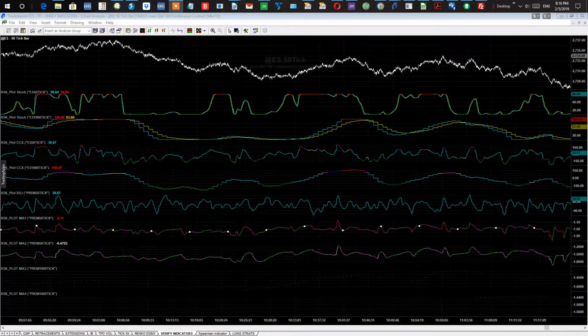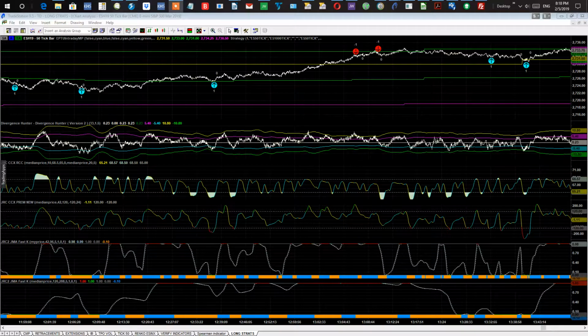The broadcast indicator sends the results of these calculations to screens that can both plot the results of those calculations or send the results to strategies that will wind up plotting actual trade signals on the screen.